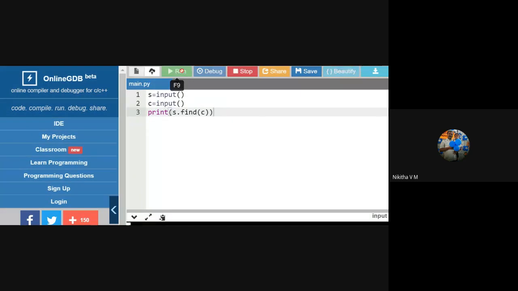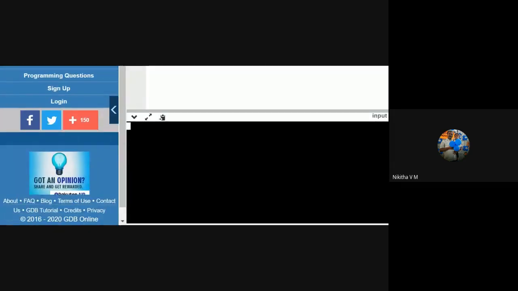Now what if I give a string like Python, and in the search I wanted to give A, which is not there in the string? What will I get in this case?